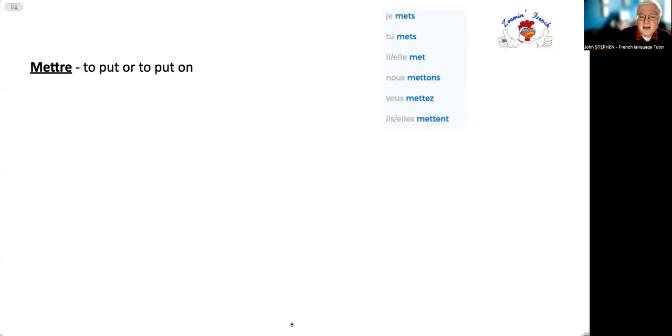Now you'll notice there that from the nous, vous, and ils and elles persons, we go from a single T to a double T. And that double T has a big significance. It changes it from a silent T, as in je mets, tu mets, il met, to a very, very hard T. Nous mettons, vous mettez, ils mettent. And you can hear my voice. The pronunciation is quite solid there.